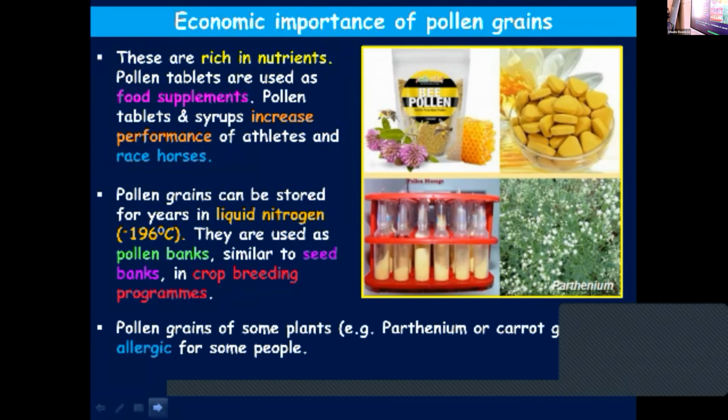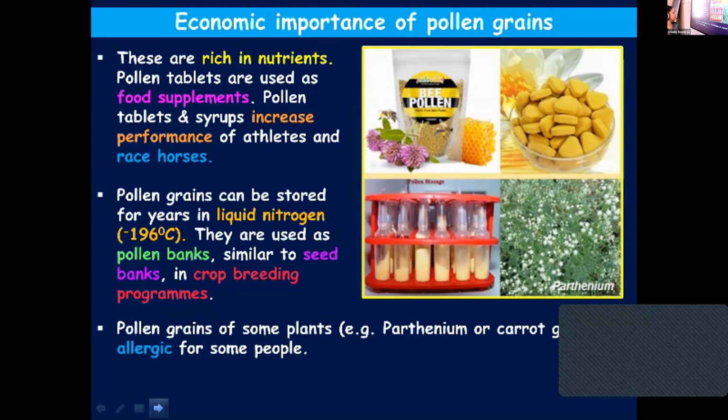And pollen grains at the same time. So we said about the different advantages. At the same time, you should know that some of the pollen grains, examples they have given, parthenium or carrot grass. The picture of parthenium is shown over there. Not only Parthenium, the pollen grains of different plants or different flowers can be allergic.